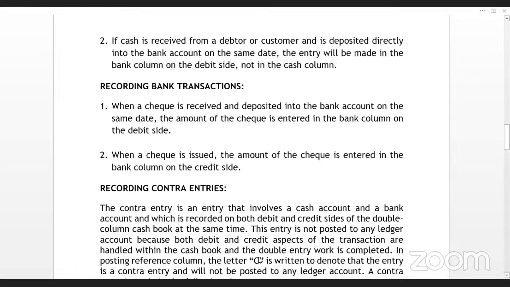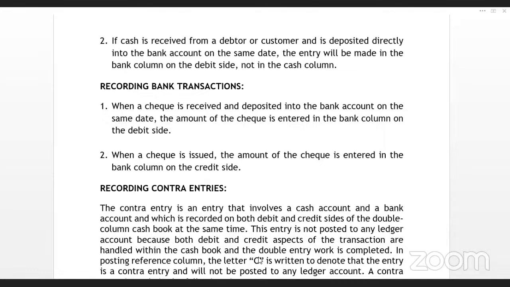Remember, after entering the transaction to the cash book, you have to come up with the different relevant ledger accounts in the general ledger. But when it comes to a contra entry transaction, you don't make any entry in any other ledger because the debit and the corresponding credit entries have all been made through the cash book.